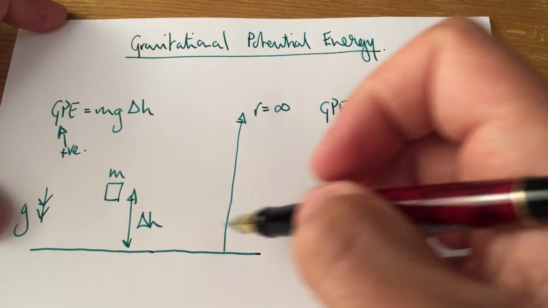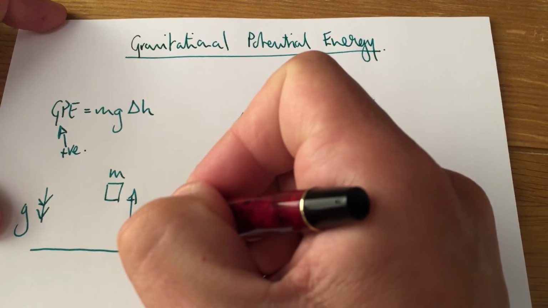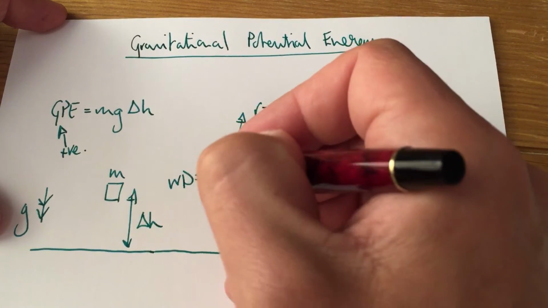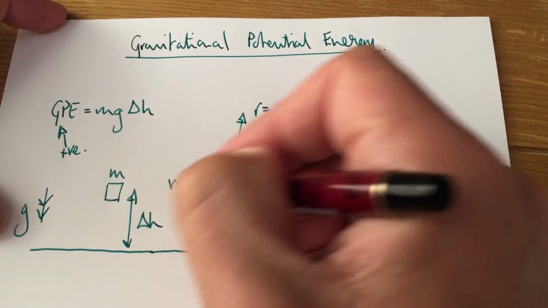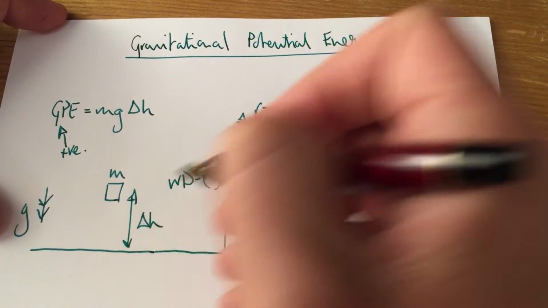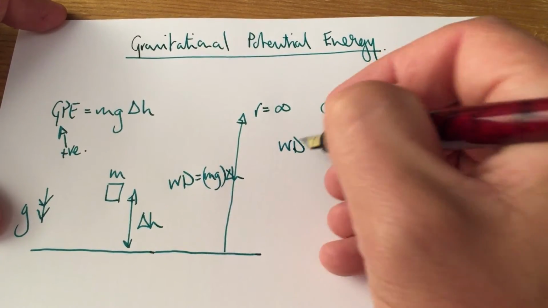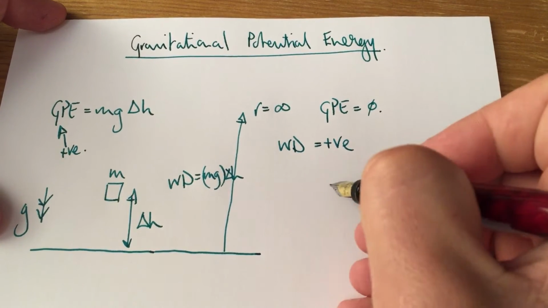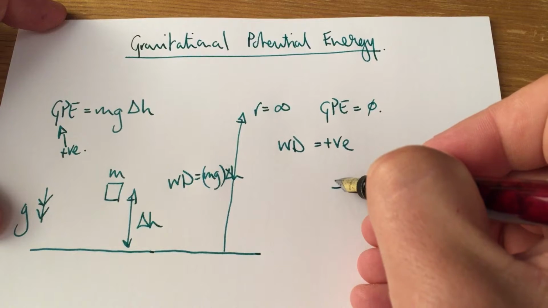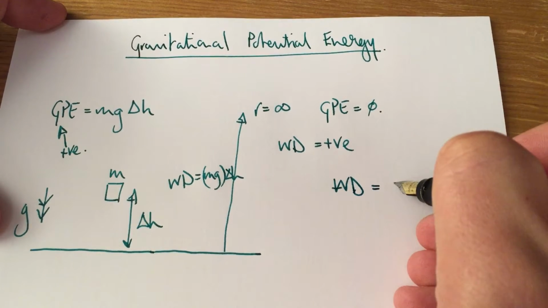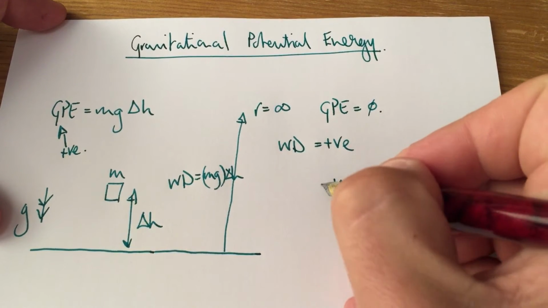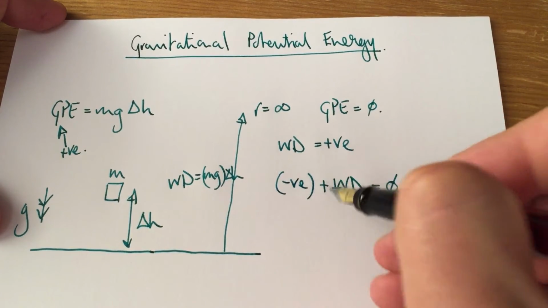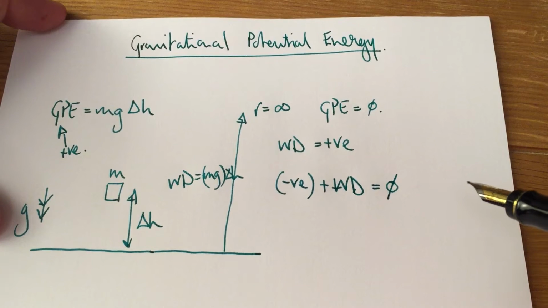Just as we knew there was work done to move this object, a force times a distance, the work done in moving it up would be positive. So we have a positive number, the work done, getting us to 0, and if this is positive, then whatever we start with must be negative in order for that to equate.